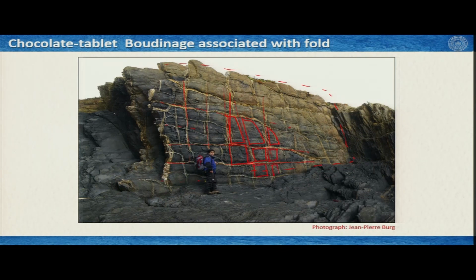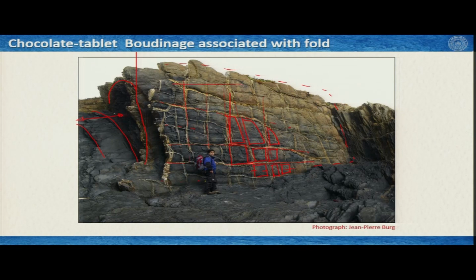And if you are not convinced that this is a fold, I would like to request you to see this side. You see that this is going like this and coming back like this. The fold axis or hinge zone is actually exposed here. So, it is going like this. Okay, so this is how it happened.